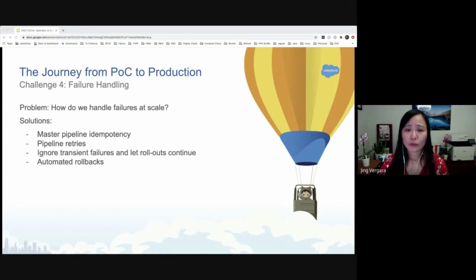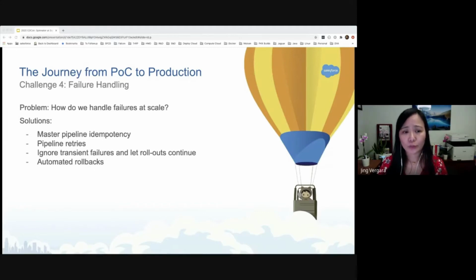We have also added some failure handling logic within the pipeline execution, like pipeline retries or the ability to ignore failures. This allows the service owners to either manually resolve those failures, or set in their configurations whether they want them to be automatically retried or automatically ignored.